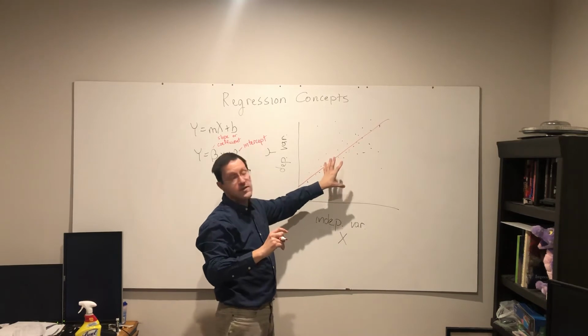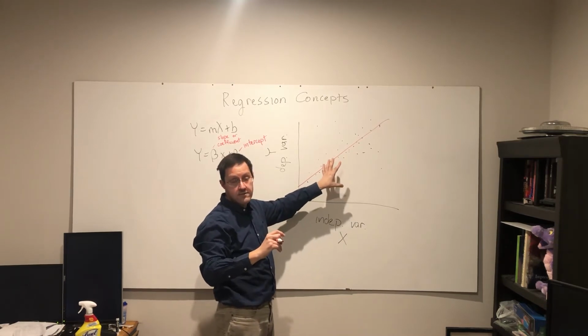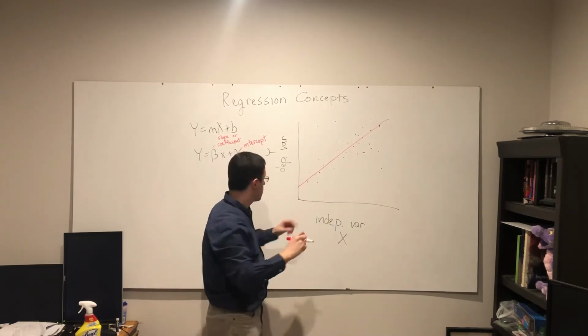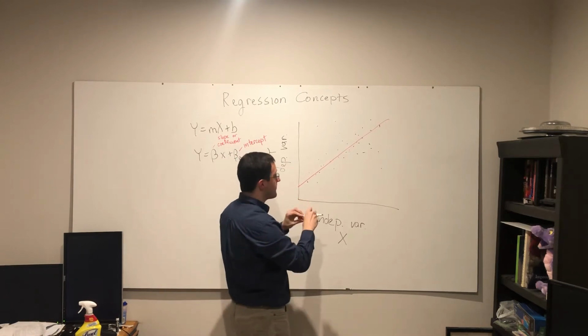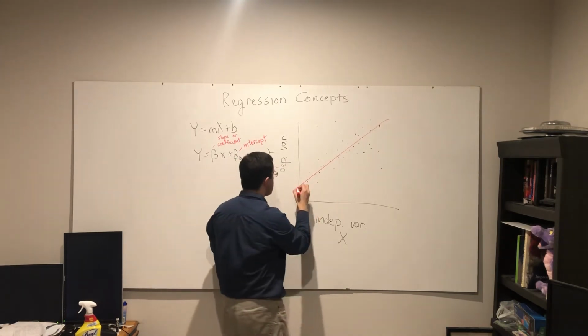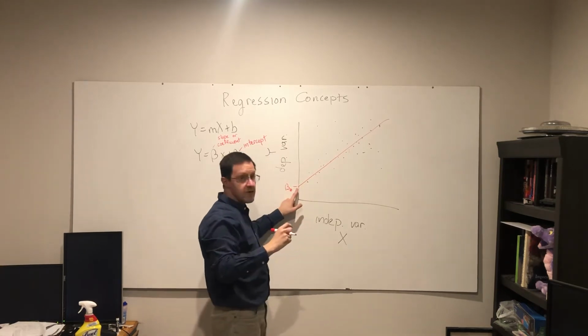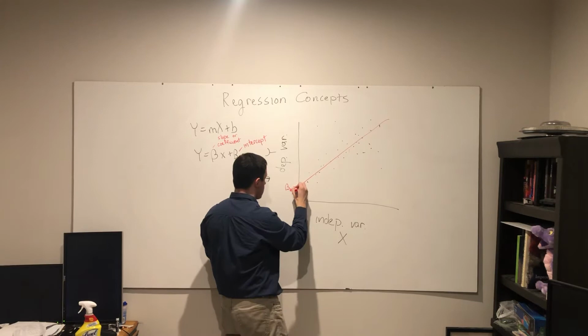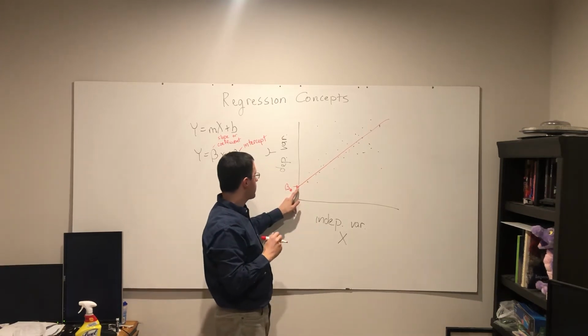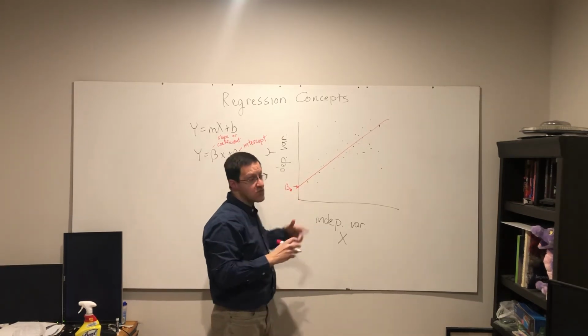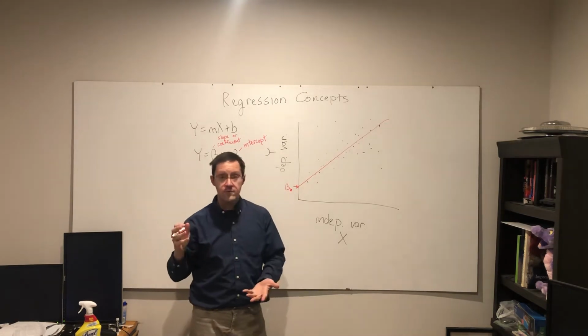Now this is not just any line for regression. And beta 0 is indeed where that hits the y-axis, just like the intercept in slope-intercept form.